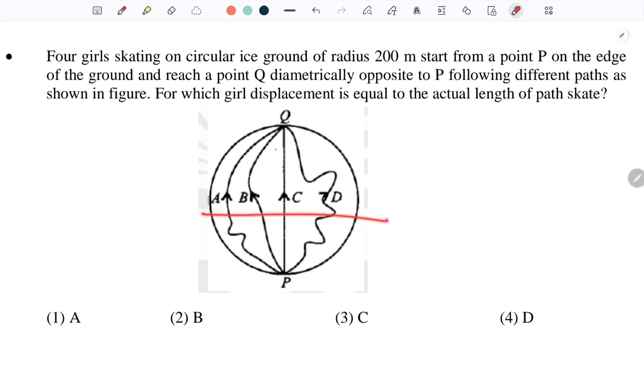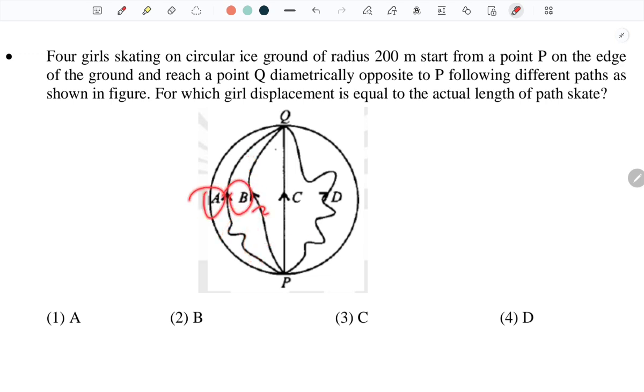Displacement clearly, in these four options, option C is the shortest distance between P and Q. That is nothing but the diameter, that is 2r, isn't it? So option C is where the person is going with displacement. Remaining are path lengths, meaning they are distance traveled. The directions are changing again and again. See here the directions which I am drawing, again and again the directions are changing.